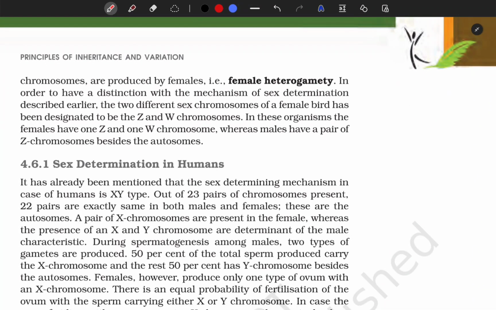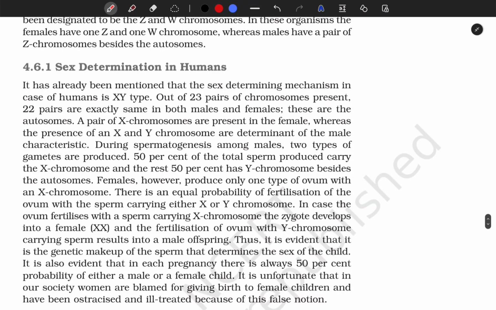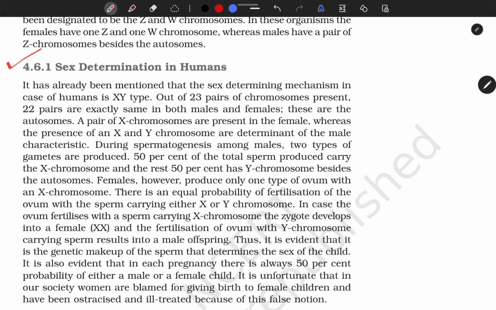In order to have a distinction with the mechanism of sex determination described earlier, the two different sex chromosomes of a female bird have been designated as the Z and W chromosomes. In these organisms, the females have one Z and one W chromosome, whereas males have a pair of Z chromosomes besides the autosomes.